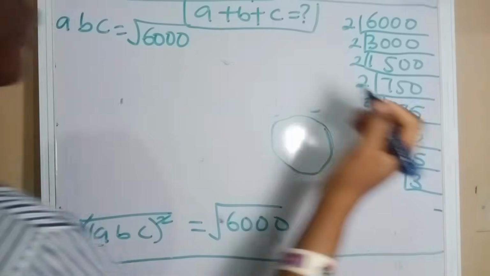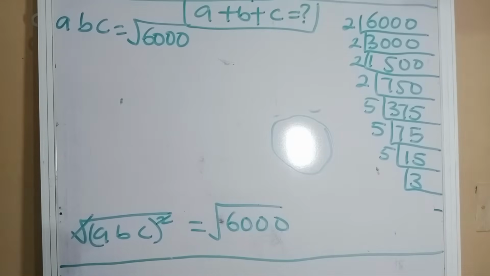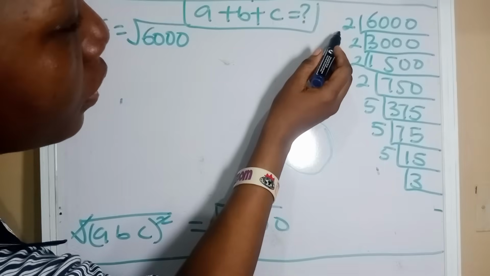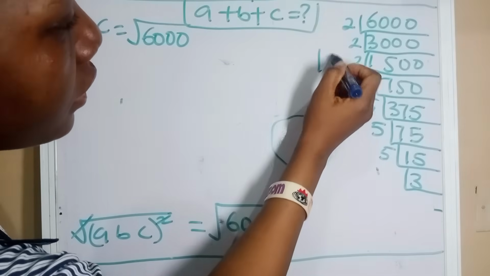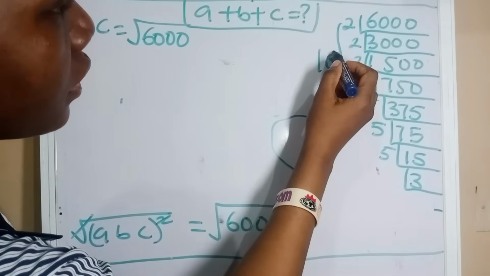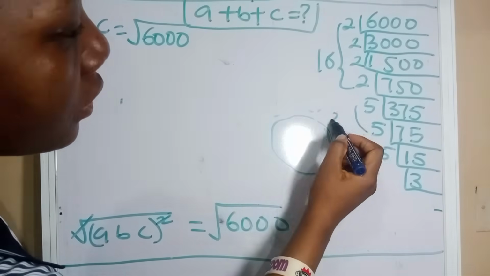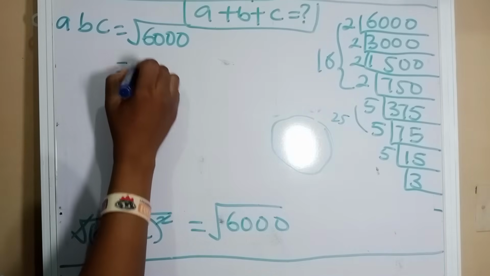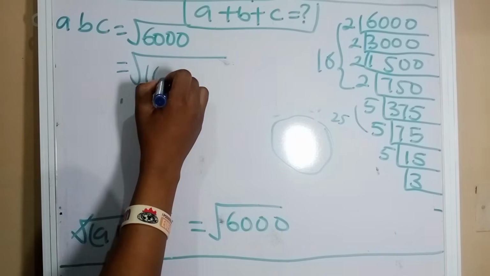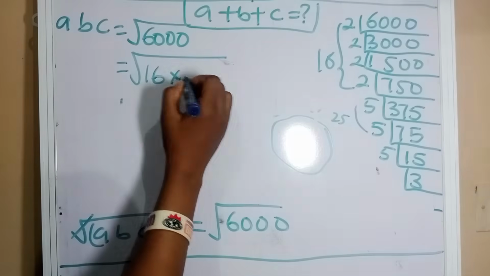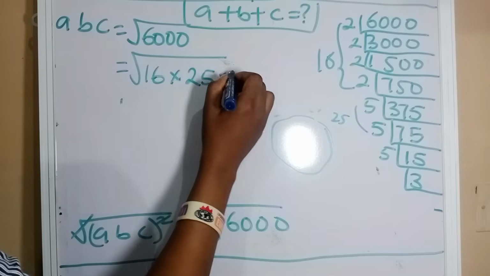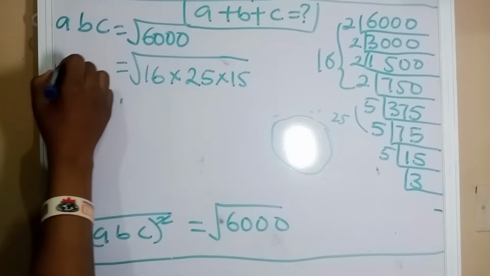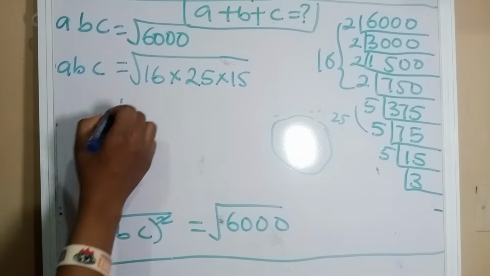Okay. So now we can multiply this to give us 16, and this to give us 25, and then that's 15. So we have 16 times 25 times 15, ABC.